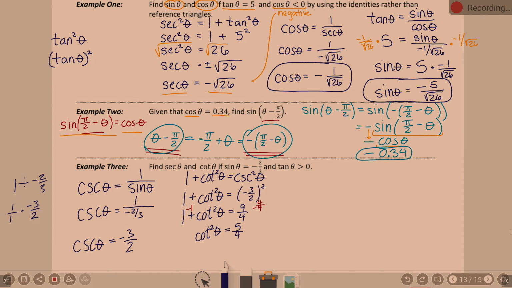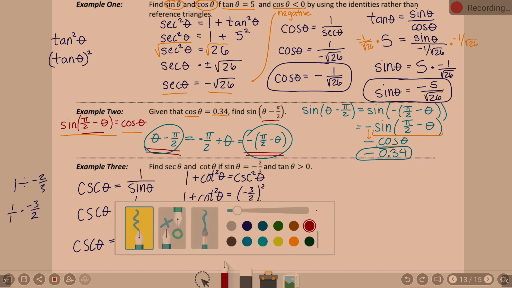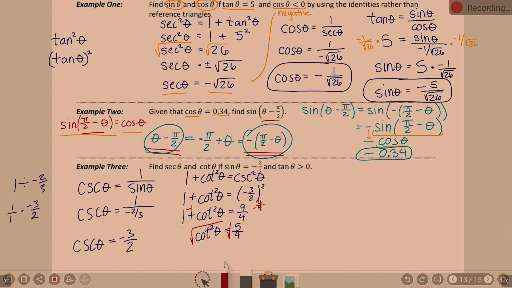What's the next step we take? Square root. So then we're going to have cotangent theta is equal to what? What do I need to put in front? Plus or minus the square root of 5/4 for the moment.